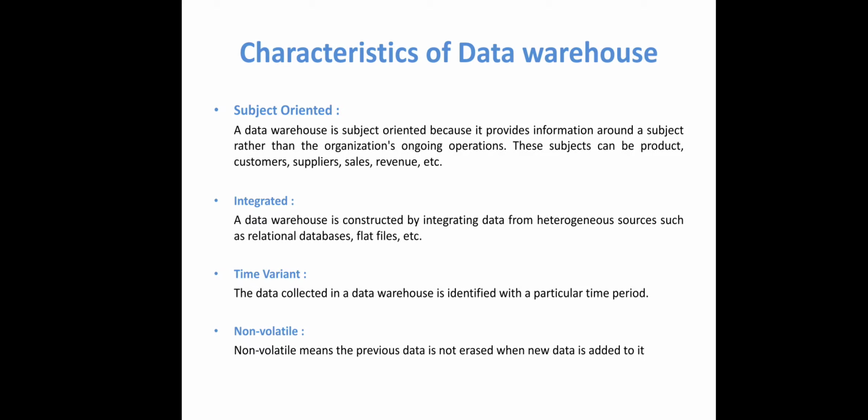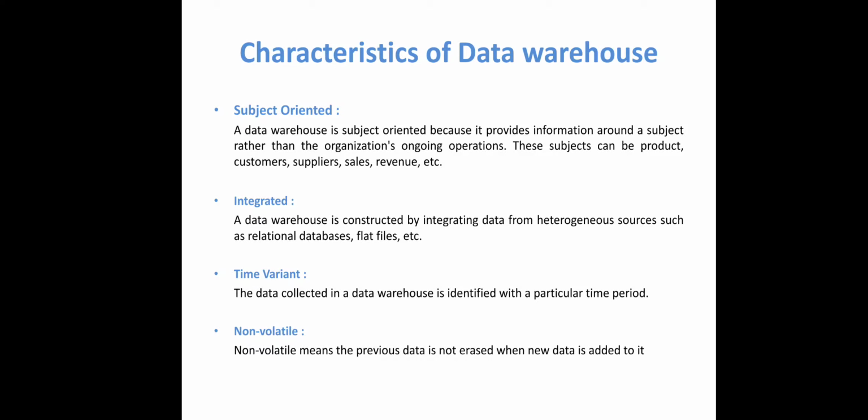The next thing is integrated. What is integration? A data warehouse is constructed by integrating data from heterogeneous sources such as relational databases, flat files, and other database systems, etc. So this integration enhances the effective analysis of data. All of you know that data integration is a term from pre-processing.